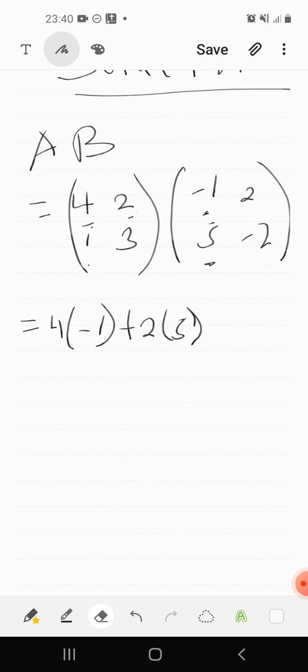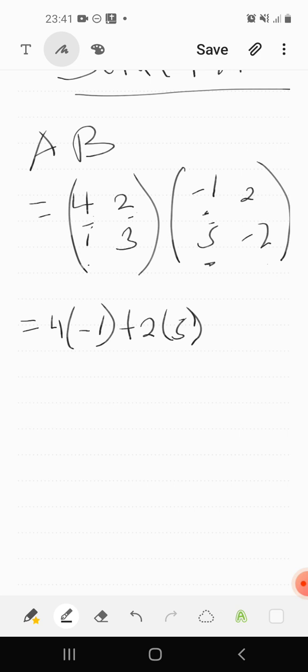I would have continued from here and gone straight like that. But because of the space, I'm going to write it under it. When you are doing it, you should write in a straight line, since you have enough space. So know that.